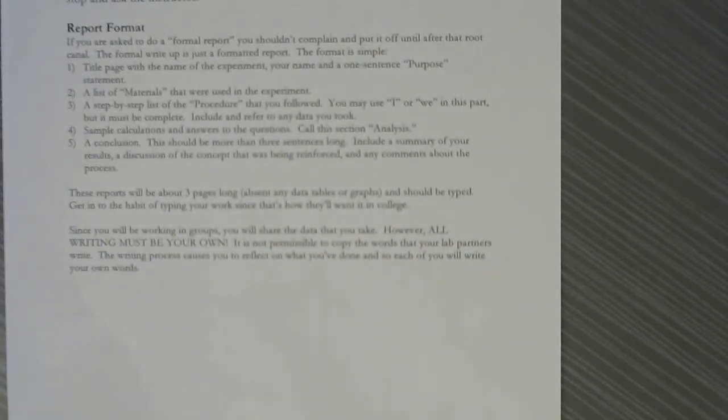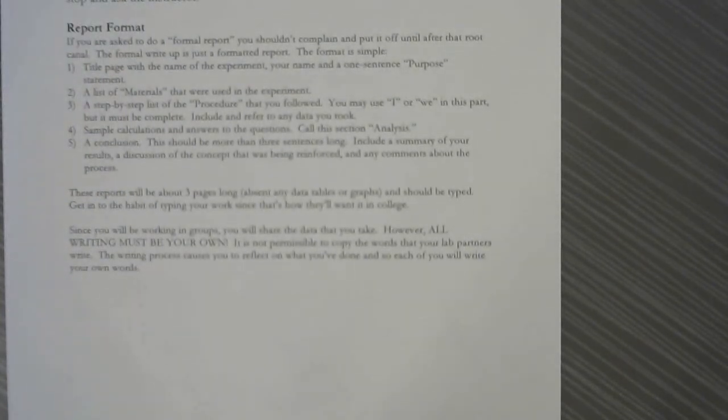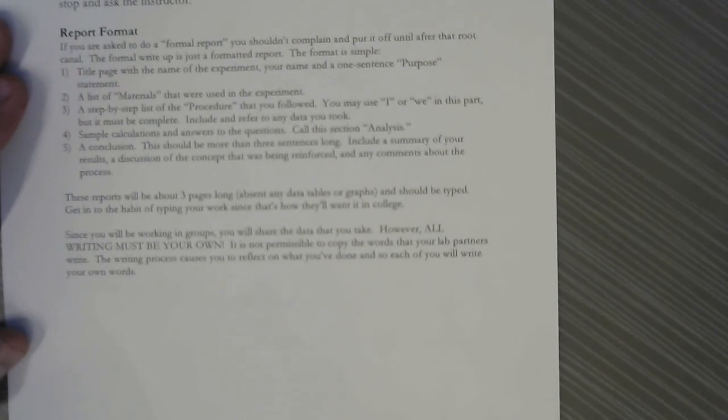Anytime you have a procedure section or a conclusion or a purpose, it should be written by you. The purpose may be vastly similar to your partner's, but definitely the procedure section should be different. It's not a group project. I need to be able to tell the difference between people who are writing these up.